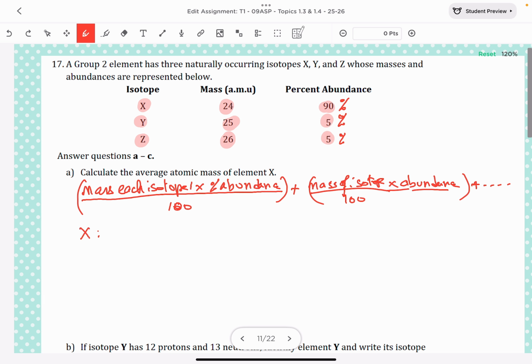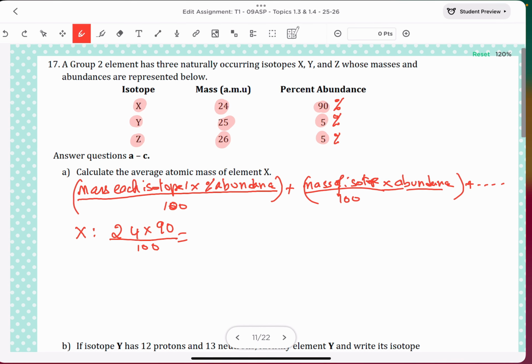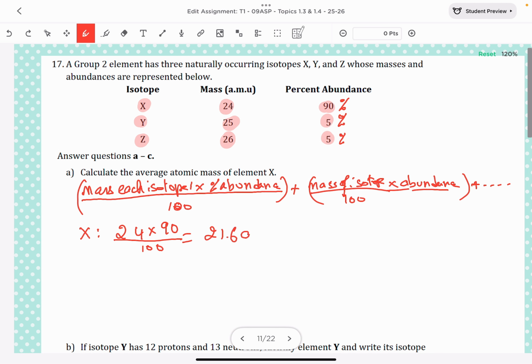So for isotope X, the mass is 24. I'm going to multiply it by the abundance 90 over 100. So the answer of this one is 21.6 AMU. And the mass of isotope Y is 25 times 5% over 100.